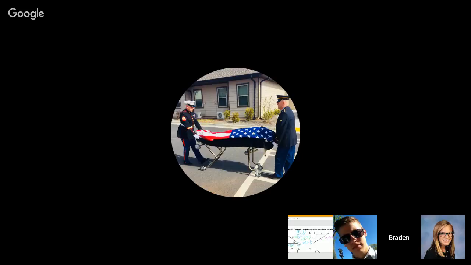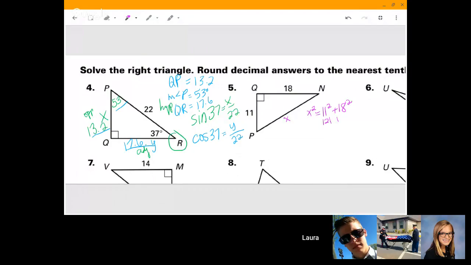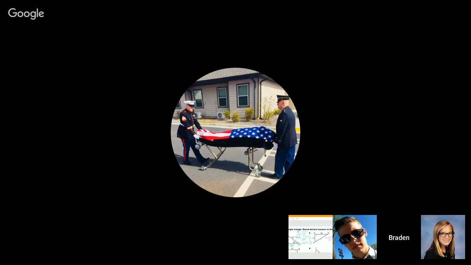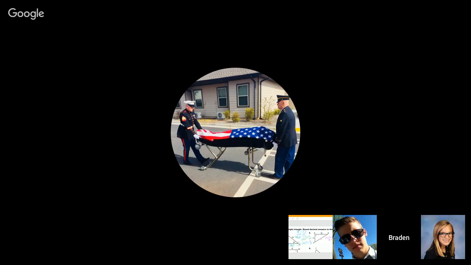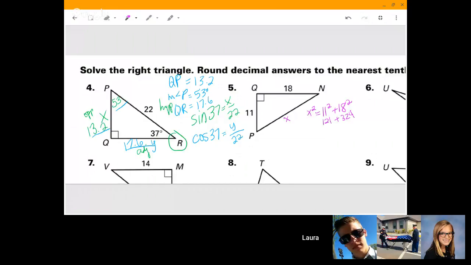All right, with this one, let's see, this is 121 plus 324. And then take the square root of that. All right, what'd you get?